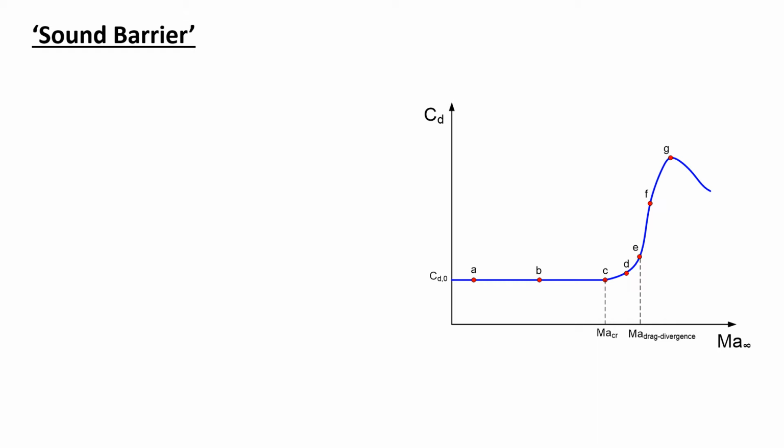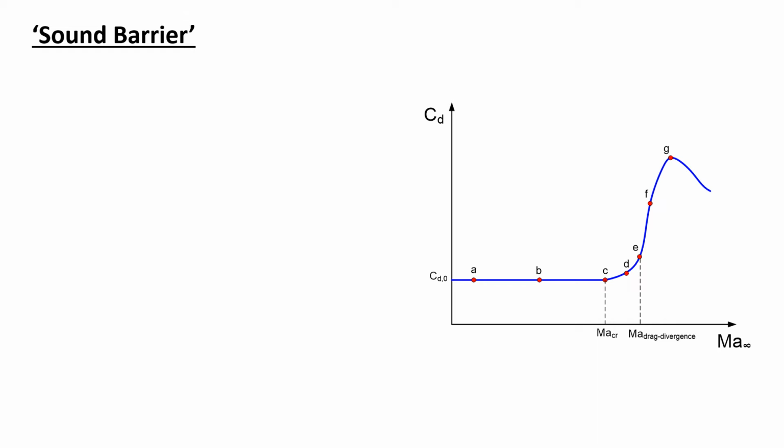But once it's beyond the critical Mach number and close to the drag divergence Mach number, the supersonic region will become sufficiently large and make the drag diverge, in this case, to increase significantly beyond point E.